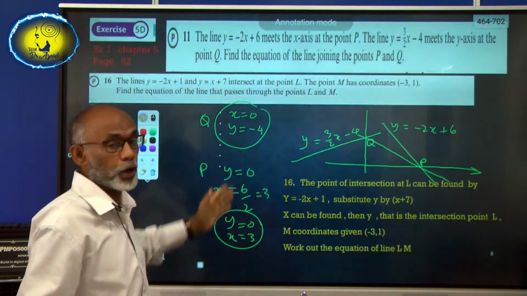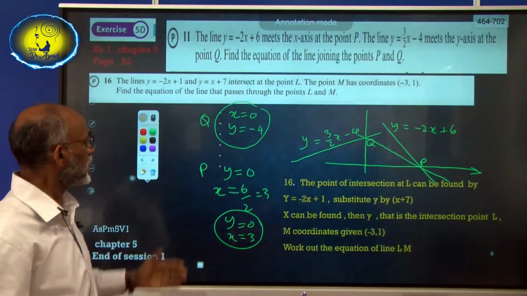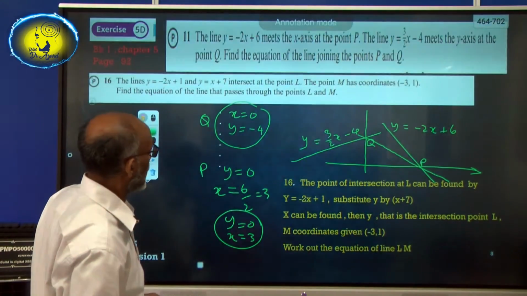Now once you know the coordinates, it's easy to find the gradient of this line.